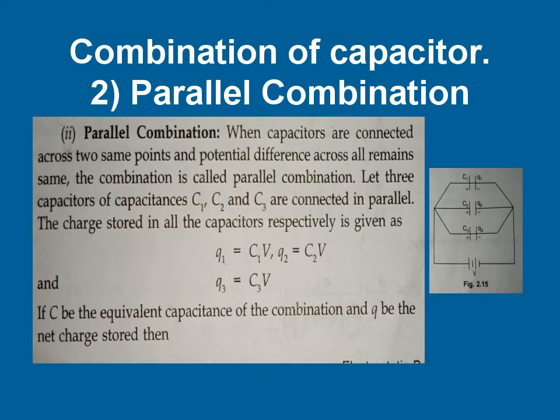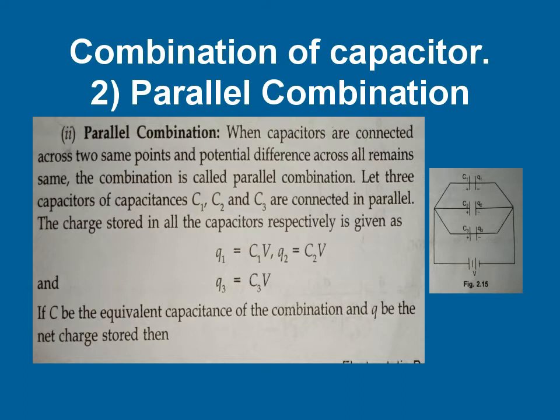You know the formula for capacitance: C equals Q by V, therefore Q equals CV. So Q1 should be equal to C1V. In the same way, Q2 equals C2V and Q3 equals C3V.